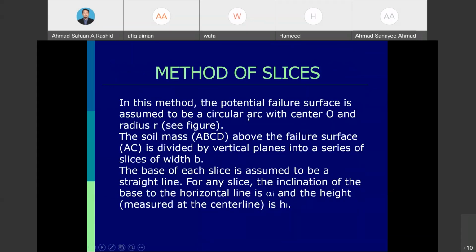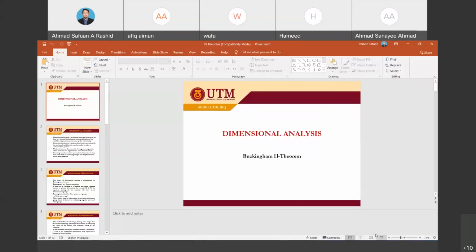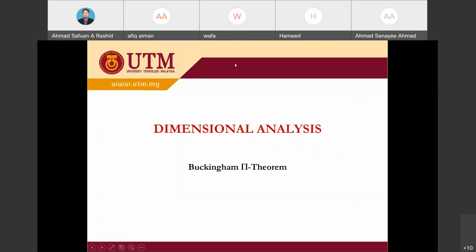This is one method, like the method of slices. This analysis is what some researchers or reference books call the Buckingham Pi theorem.